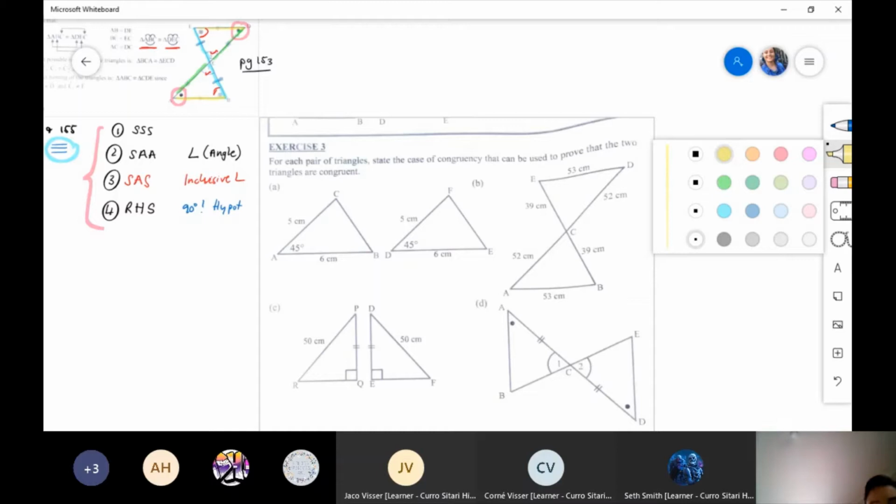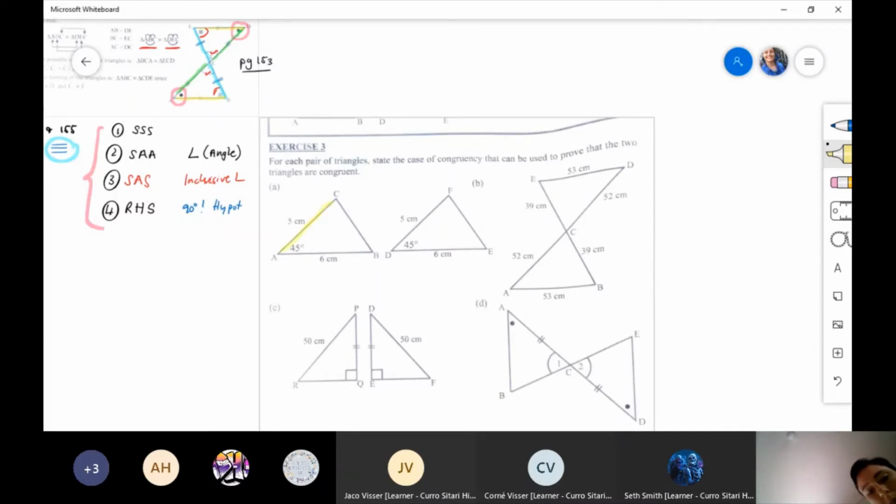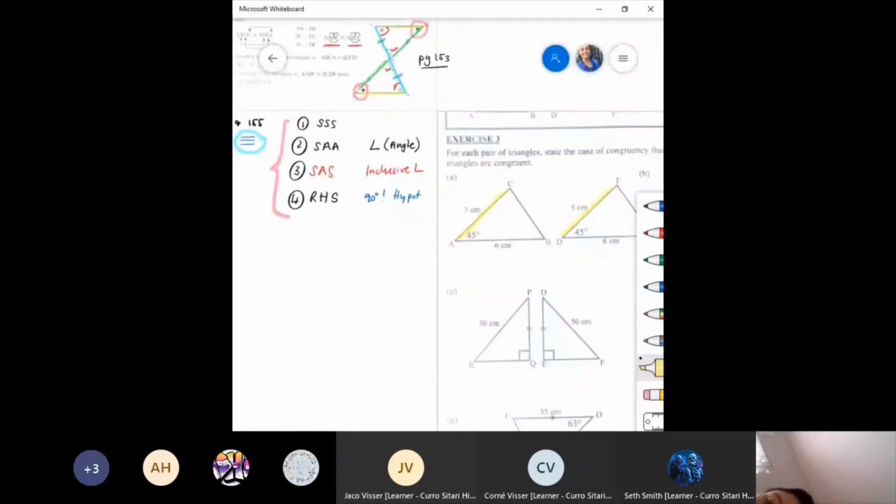Let's find, okay, I see here is a length for AC. Okay, I see that. Here's also then a length for that's 6 centimeters. Sorry guys, I just want to get comfortable, yeah?